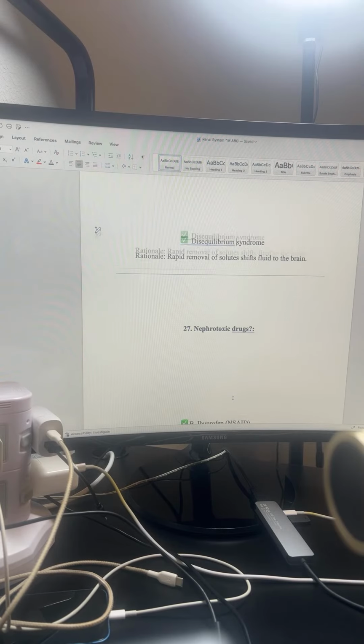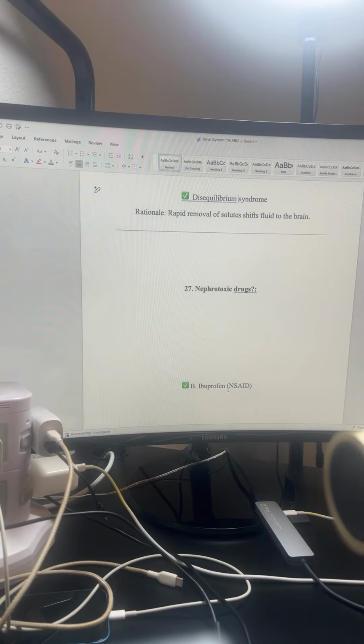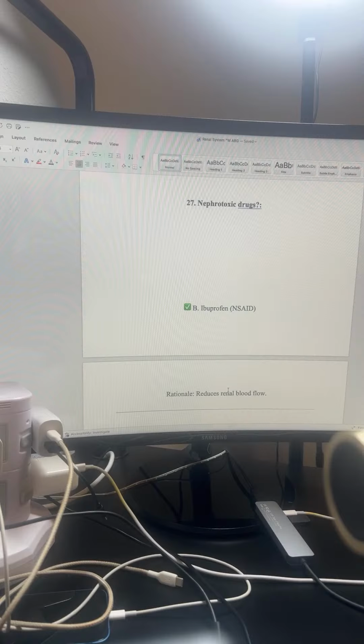All right. So ibuprofen and NSAIDs are pretty bad for the kidneys, along with all the others that you said here. They reduce renal blood flow. So try to avoid them; encourage your patient not to take these medications. And if you're going to be giving these medications, make sure you're looking at what lab value. Creatinine is one lab value that you definitely want to keep an eye on.